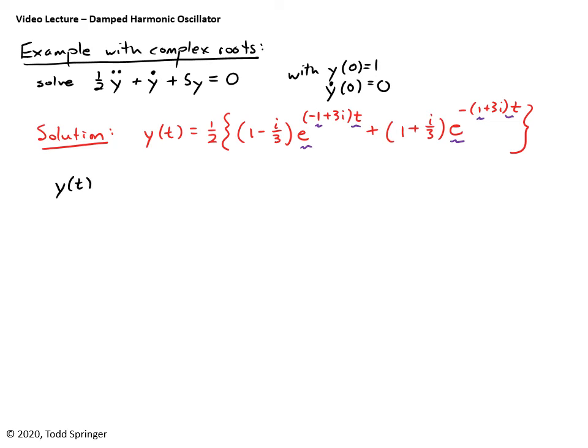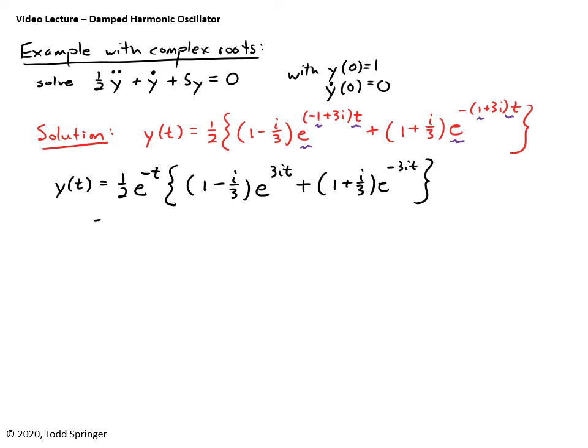So I'm just rewriting this in a way that's going to make it more obvious what's going on. So e to the minus t can come outside because I have that in every term. And then I've got (1 minus i over 3) e to the 3it, and then plus (1 plus i over 3) e to the minus 3it. And then what I'm going to do is put the real parts together and the imaginary parts together. So here's the real parts, e to the 3it plus e to the minus 3it. That came from this term here and this term.